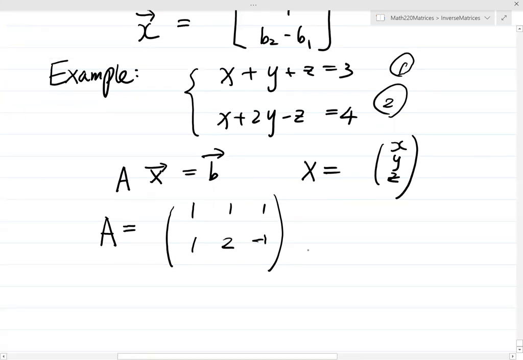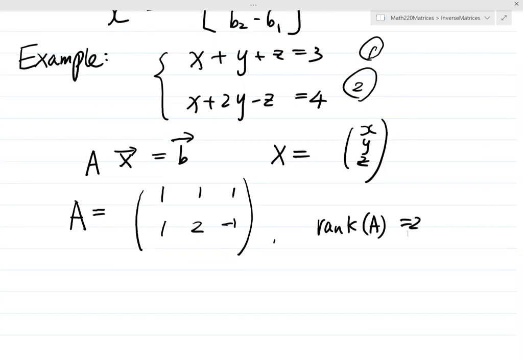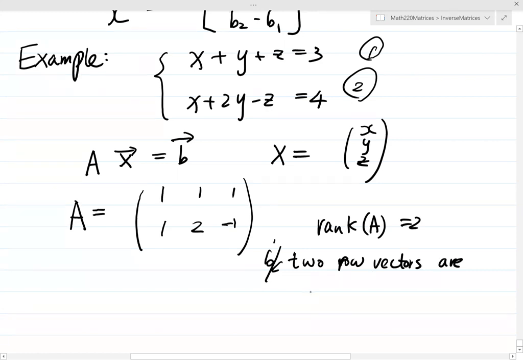So A has rank 2. They span a plane, so the space that is spanned is a plane, which is dimension 2. So rank A is 2.